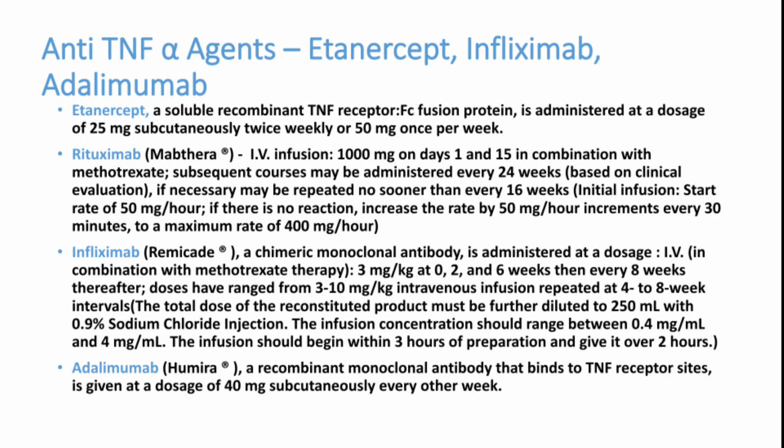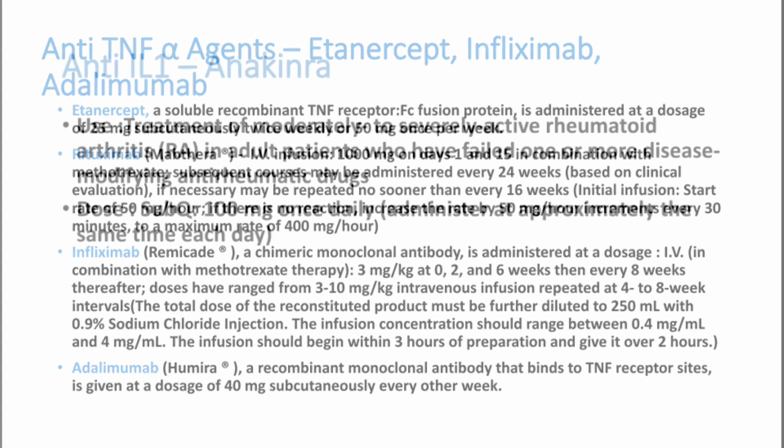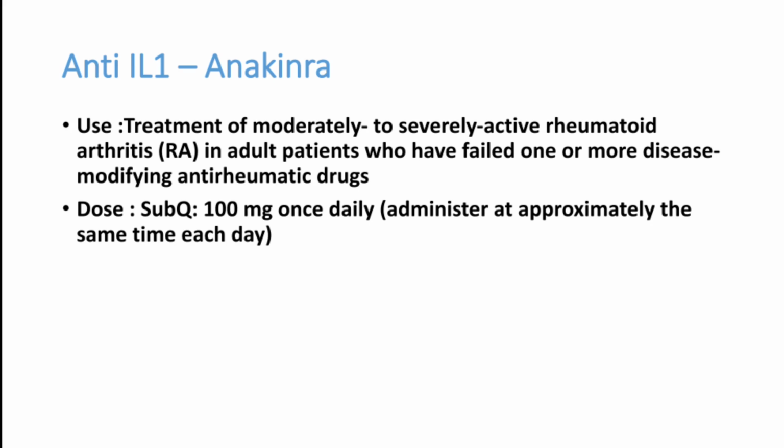Adalimumab, a recombinant monoclonal antibody that binds TNF receptor sites, should be given as a dose of 40 mg subcutaneously every alternate week. Another important class is anti-interleukin 1, that is anakinra. The dose is subcutaneous 100 mg once daily, administered at approximately the same time each day.